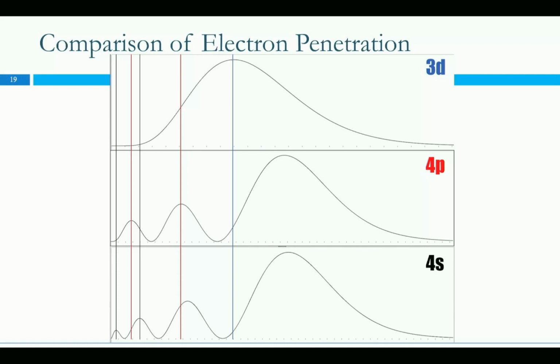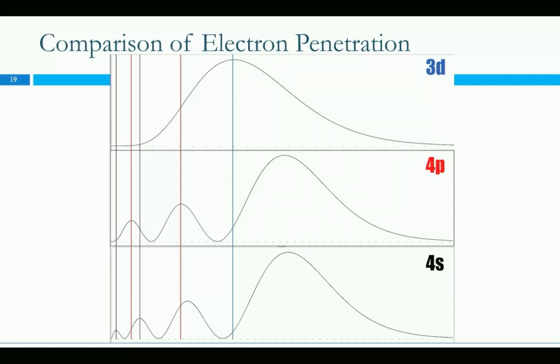And that decreases depending on the number of radial nodes. So the 3D orbitals don't have very much penetration at all. They're just where they are. The 4p, though, can sometimes slip inside of the 3D, and the 4s can slip inside of the 3D also.